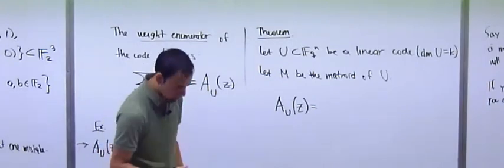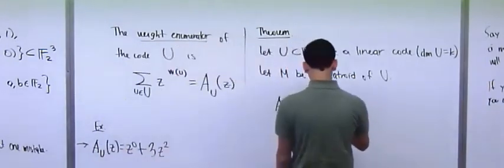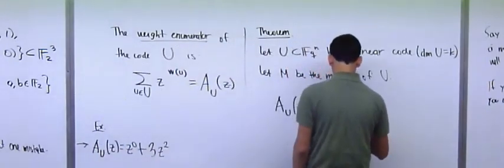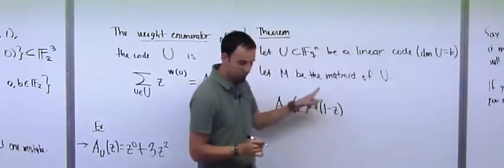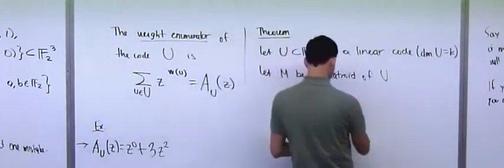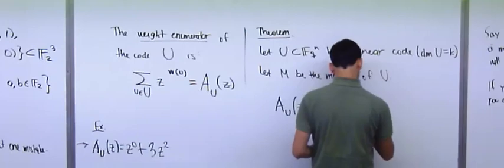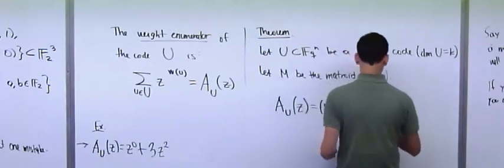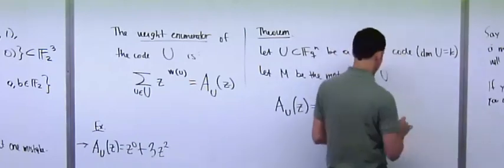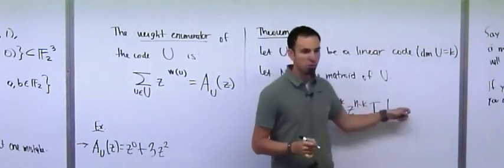And as usual, the formula is a little bit messy, but we know exactly how it should look. We should have something to the something, something to the something, and then the Tutte polynomial evaluated at a function of the coloop, a function of the loop.